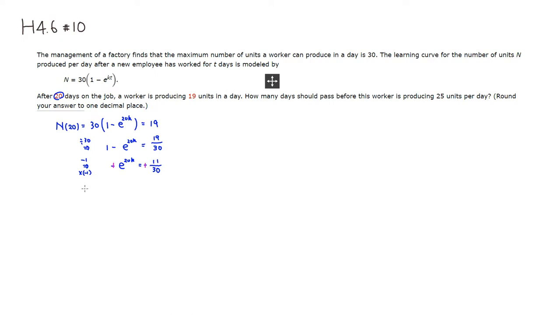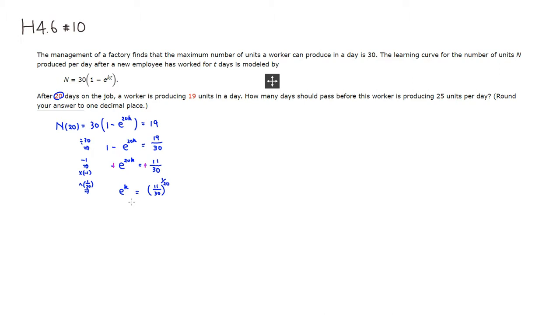Then I'm going to raise it to the 1 over 20th power so that I can get rid of that 20. So e to the k is equal to 11 over 30 raised to the 1 over 20th power. So we found e to the k.